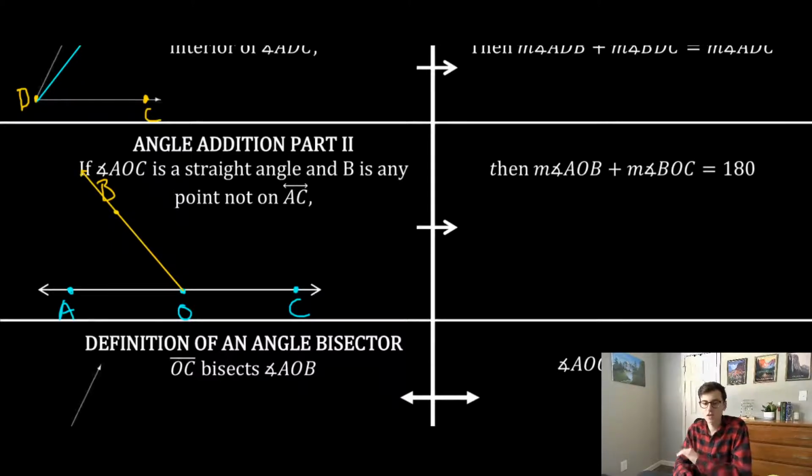So what this postulate is saying is that if I've got a straight angle and B is any point not on AC, then these two angles add to 180 degrees. Okay, now I feel like we're missing maybe a little part. A straight angle is 180 degrees. Maybe that should be a definition, right?